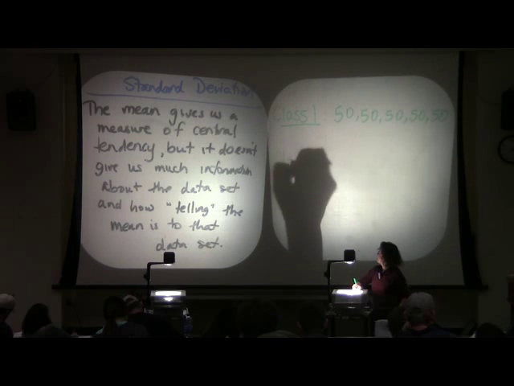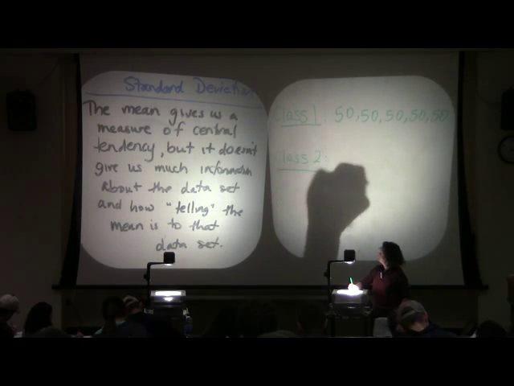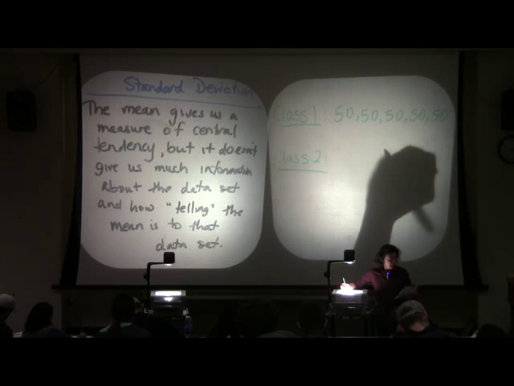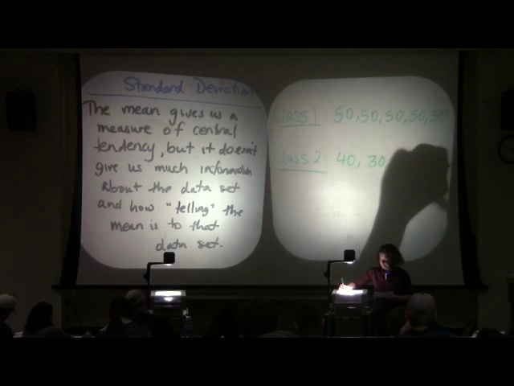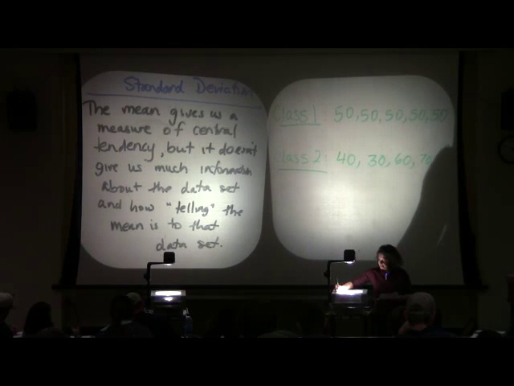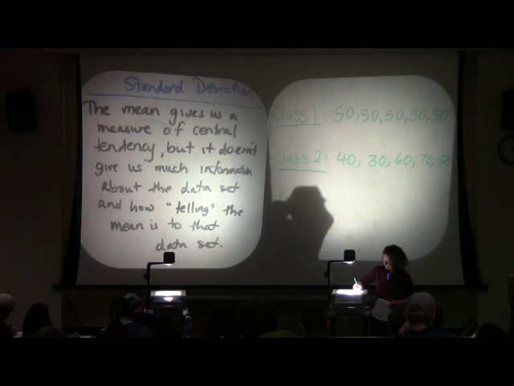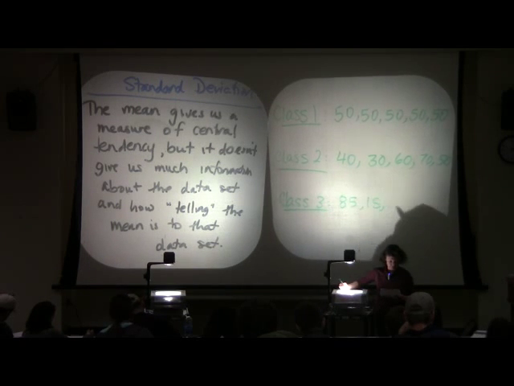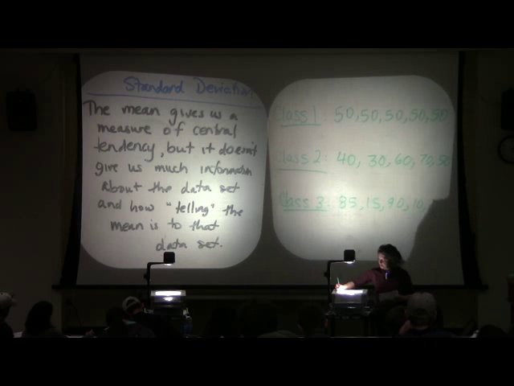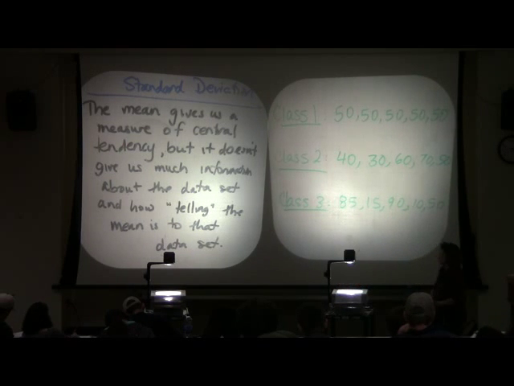In my second class, I have 5 students, and let us suppose that their exam scores are as follows: 40, 30, 60, 70, and 50. In my third class, I gave the same test, and look at what their scores are. Tell me when you guys have this stuff written down. I know there's a lot of writing here. Assuming you are writing this, you don't have to.